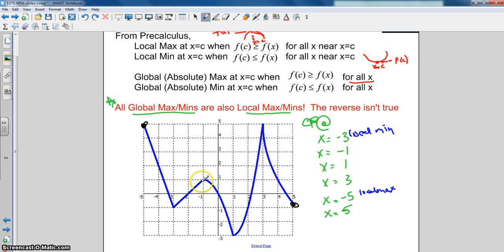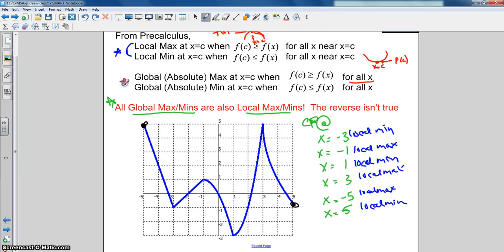At negative 1 we have a local max because it's higher than anything near it. At positive 1, it's lower than anything else around it, so this is also a local min. X is equal to 3 is going to be a local max, and at x is equal to 5, this is going to be a local min. So I've determined my local extrema. This part is done.